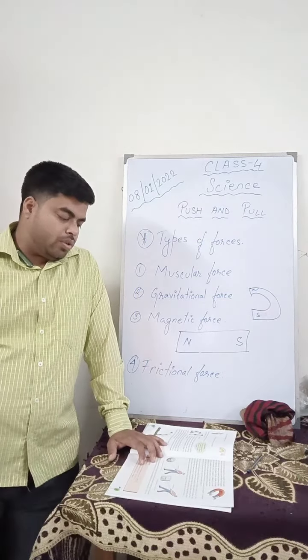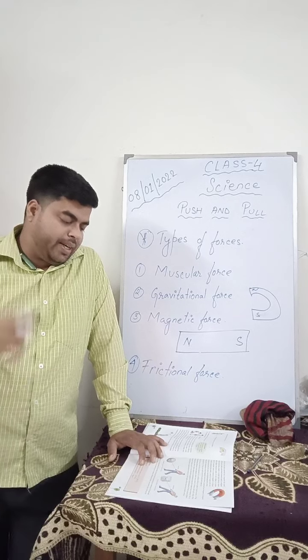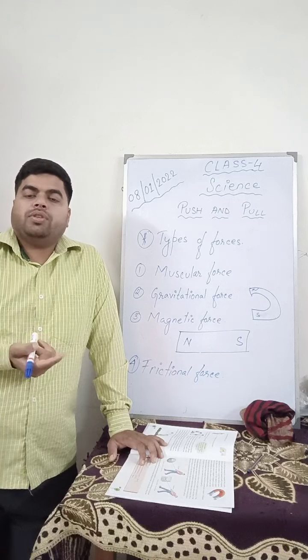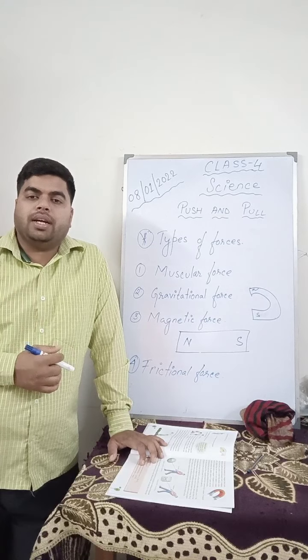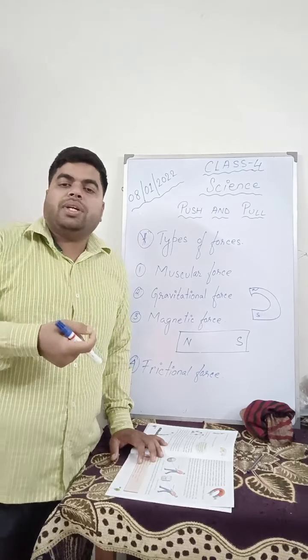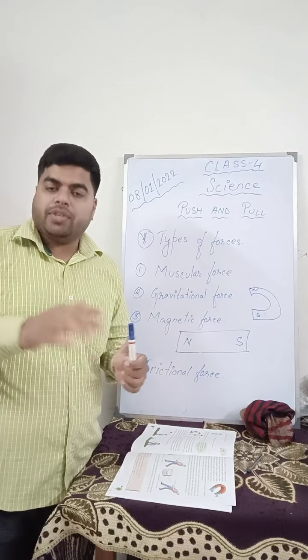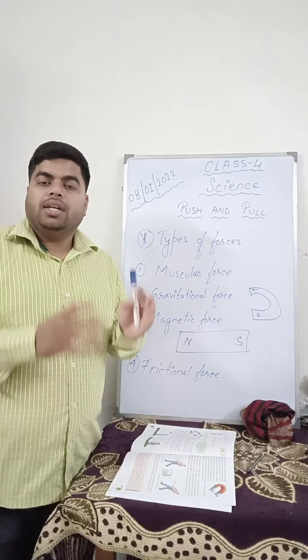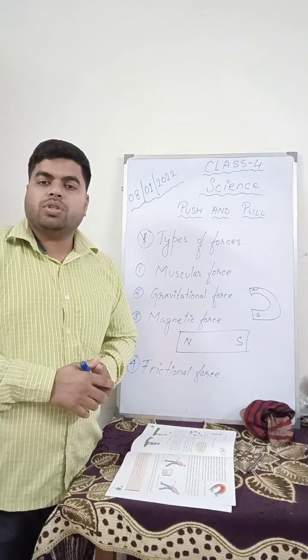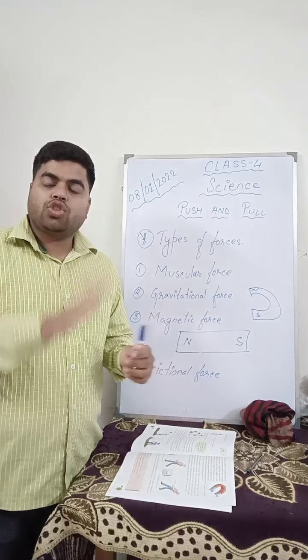The frictional force either slows down or completely stops the object from moving. For example, if you are riding a bicycle and you apply the brake, the frictional force between the surface of the tire and the surface of the road causes the cycle to stop. It opposes the motion, that means it resists the motion.